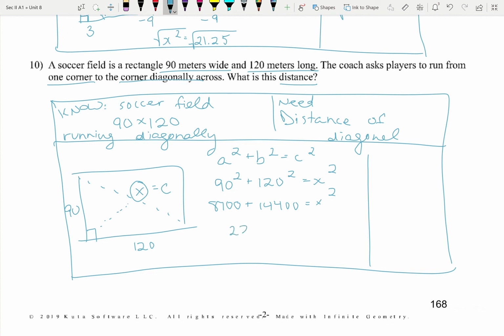Big numbers, but don't worry, you've got a calculator. If you don't have a handheld one, you've got Desmos. And you end up with x equaling 150 meters. So the final answer would be the diagonal distance is 150 meters.